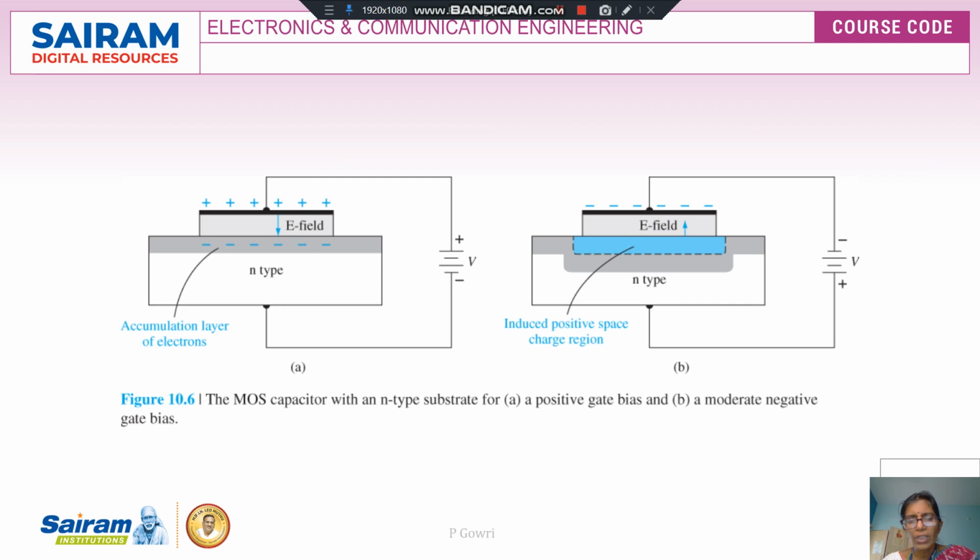Similarly, when I take an N-type substrate, applying a positive voltage will result in the accumulation of electrons. So with more electrons, the region becomes N plus.